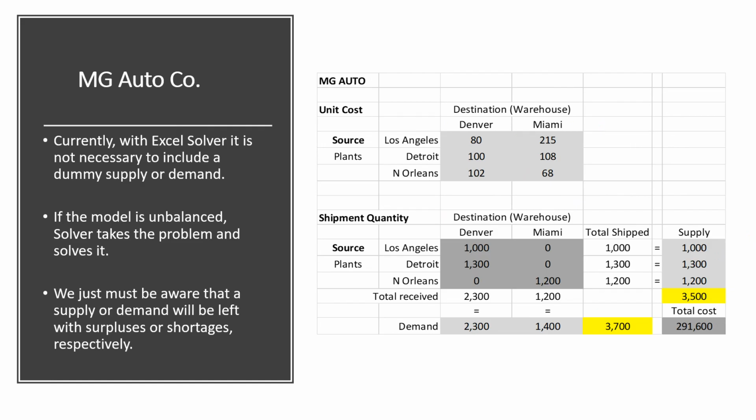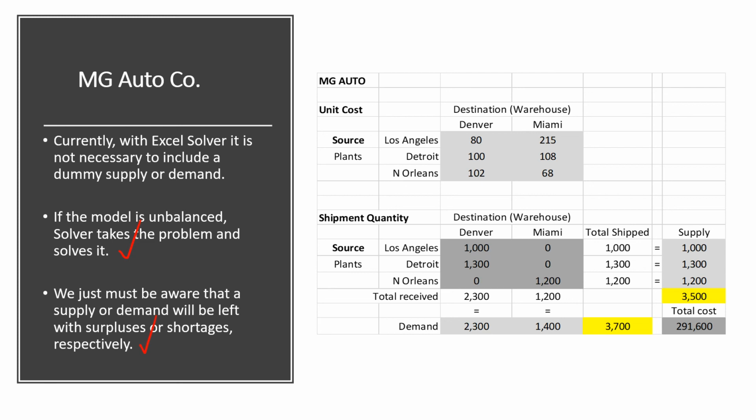Now, currently with Excel Solver, it's not necessary to include a dummy plant. Okay, if the model is unbalanced, Solver takes the problem and solves it. We just have to be aware that a supply or demand will be left with surplus or shortage respectively.